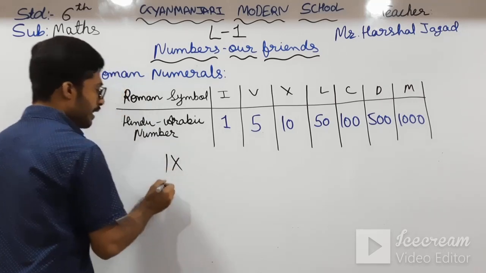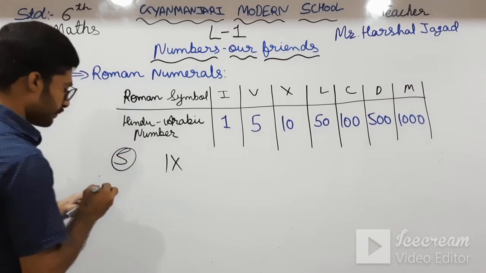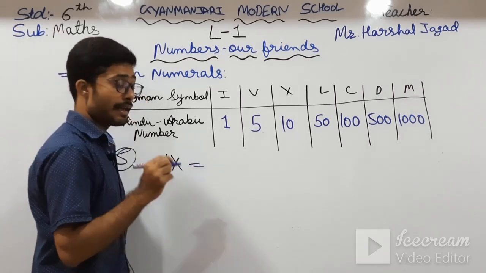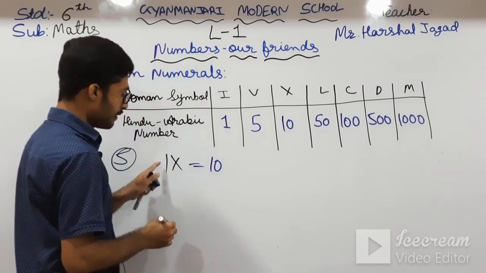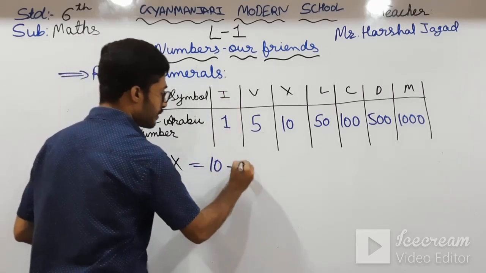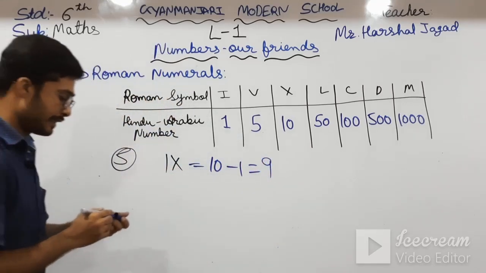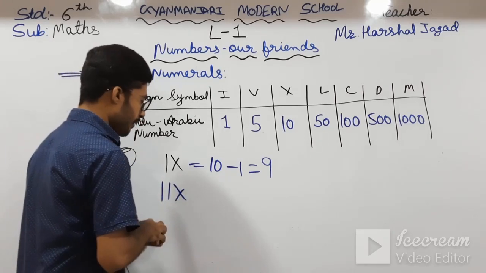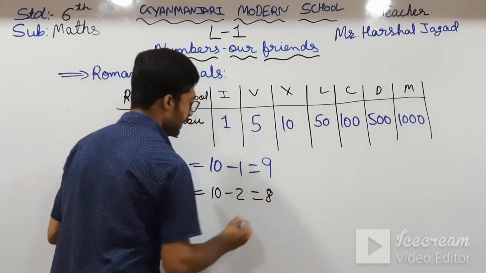See here, this is rule number 5, I on the left hand side of X. So 10 minus 1, I value is 1, so it is equal to 9. This is 9. Next, 2 I's before X, then what will come, students? 10 minus 2, that is 8.